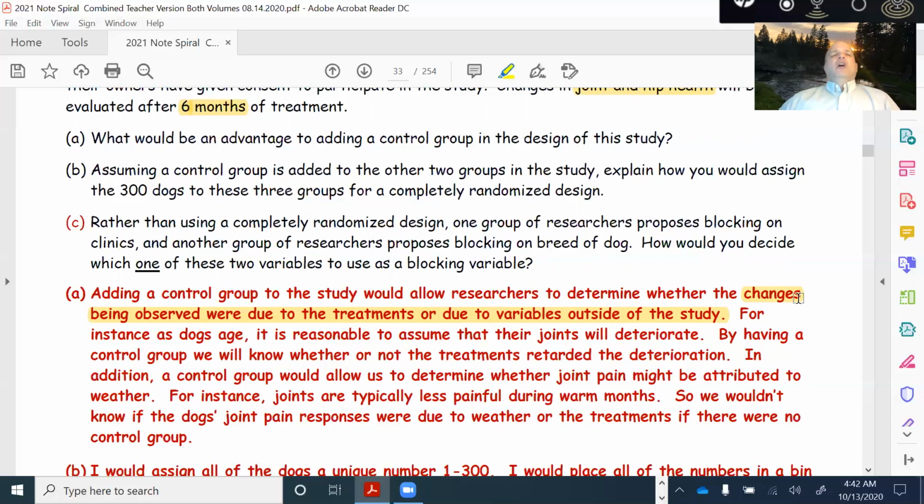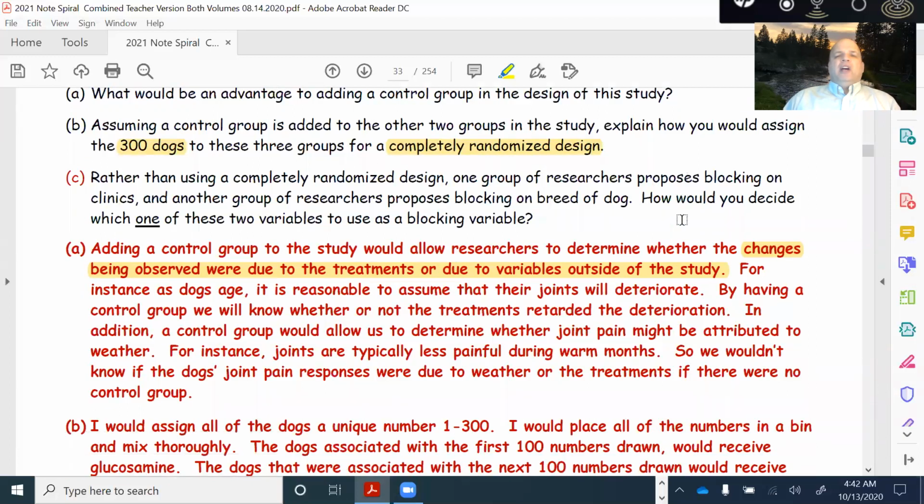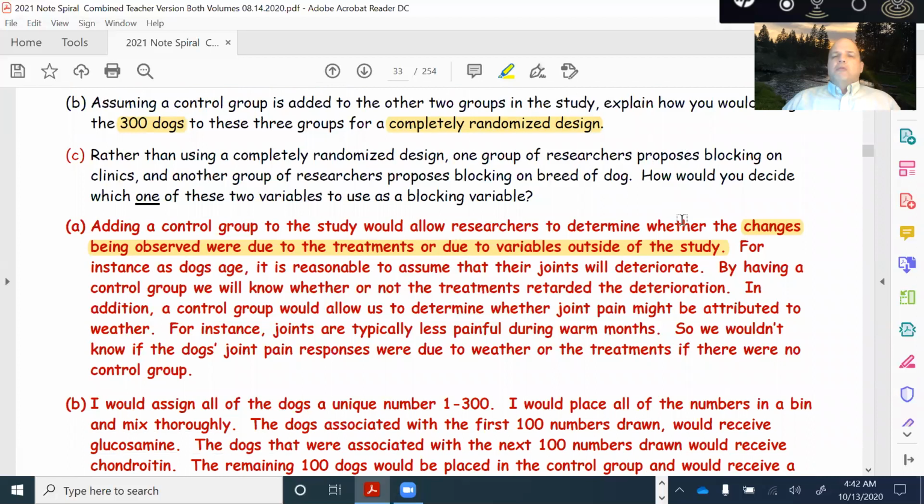I don't know. So part B, assuming a control group is added to the other 2 groups in the study, explain how you would assign the 300 dogs to these groups for a completely randomized design. Whenever I see completely randomized design, I immediately jump to put everything in a hat and mix.